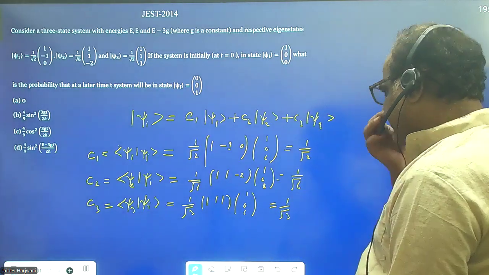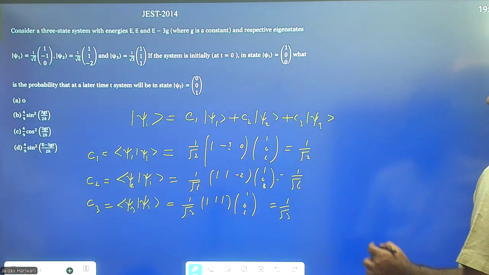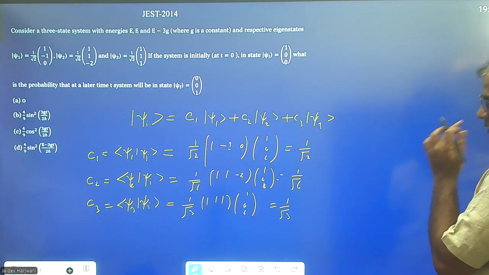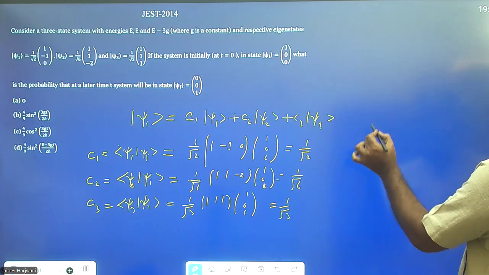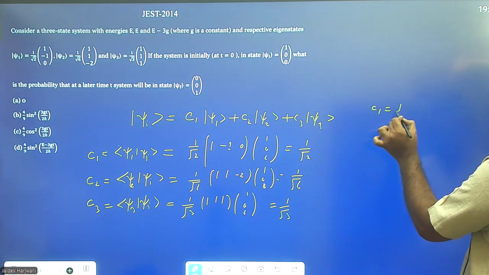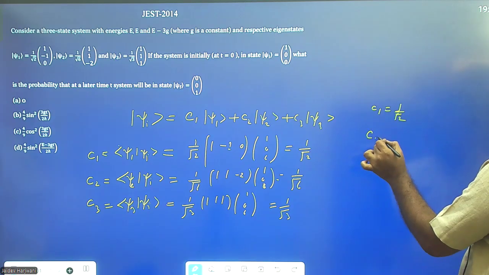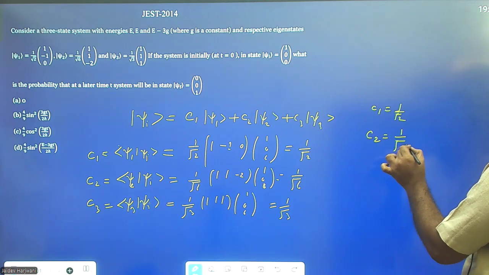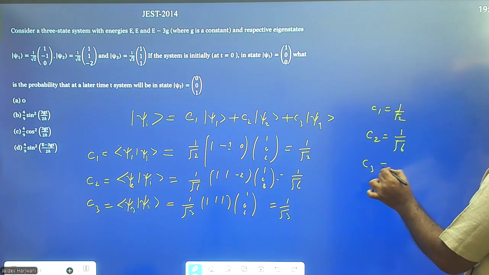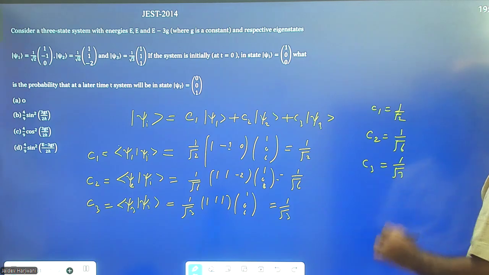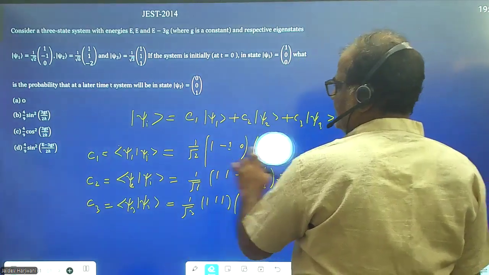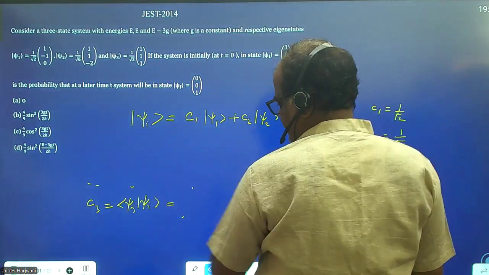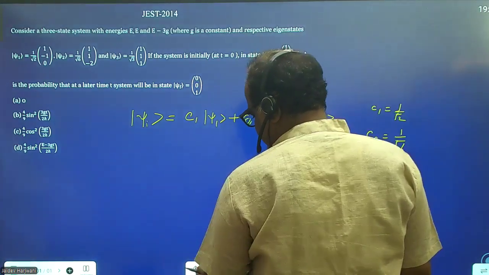So now I have the values of C1, C2 and C3. C1 is 1 by root 2. C2 is 1 by root 6. And C3 is 1 by root 3. So now I can write my psi I expansion in terms of its eigenstates.